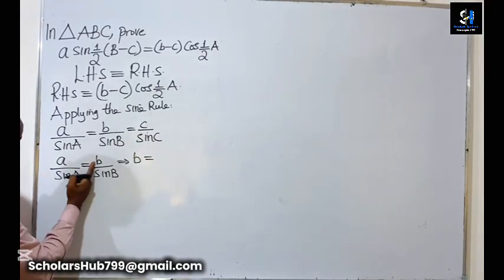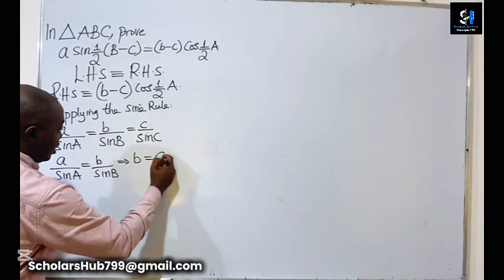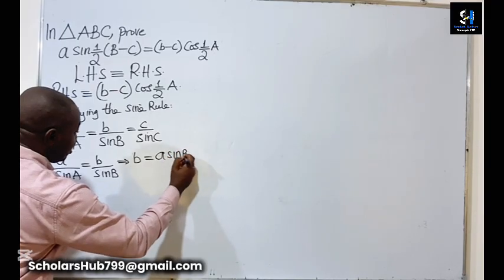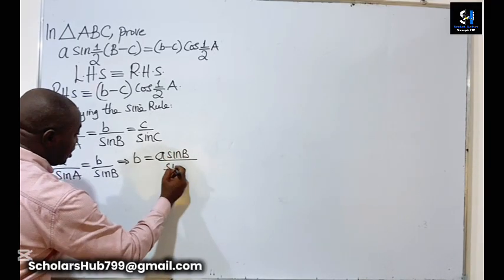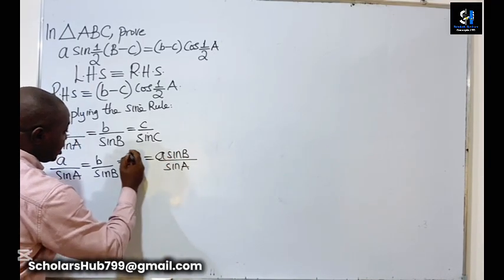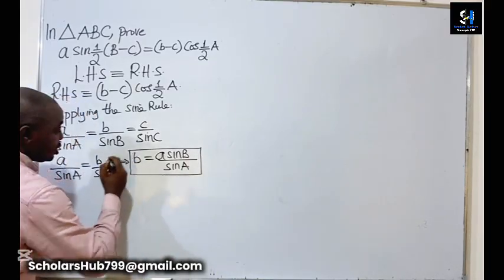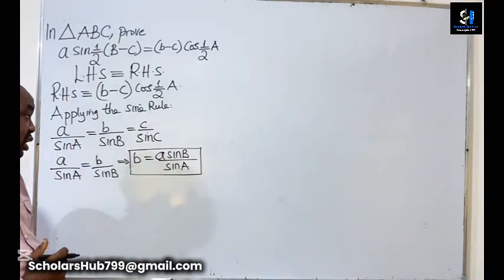So making b the subject, this will be a sin B over sin A. So this is the expression for b in terms of sin A and sin B.